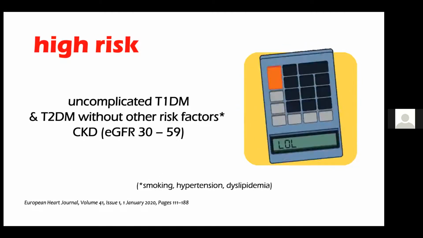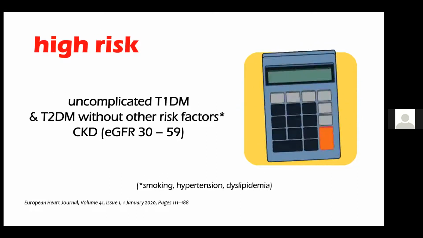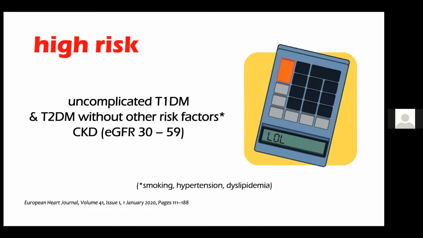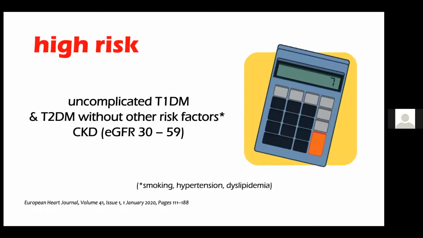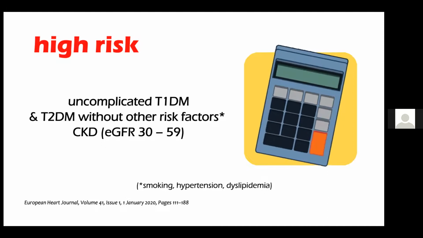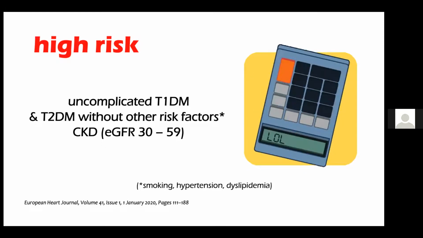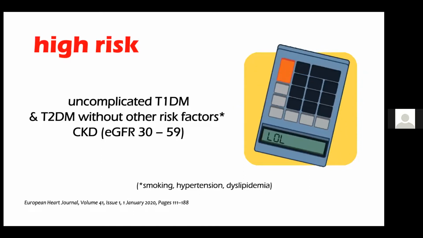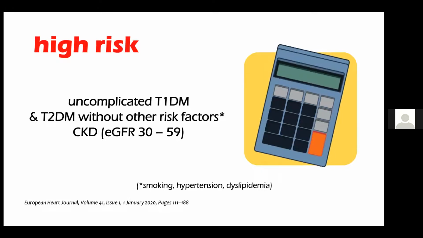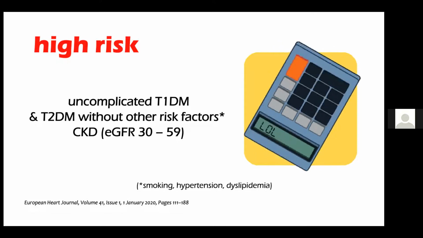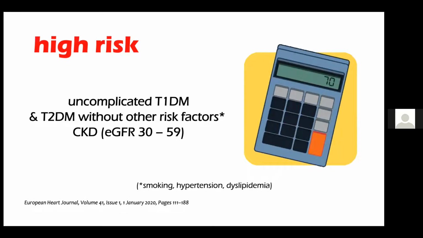High risk will be patients with uncomplicated type 1 diabetes and patients with type 2 diabetes without other risk factors. So if they are type 2 diabetes and they are not smoking and don't have hypertension and don't have dyslipidemia, those patients will be considered to be only high risk. It means between 15 and 30%.